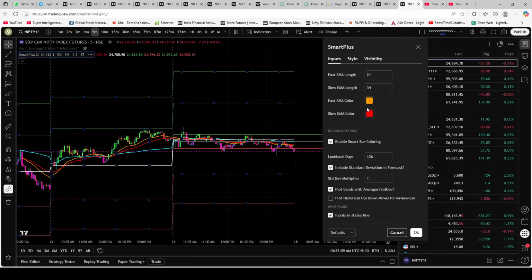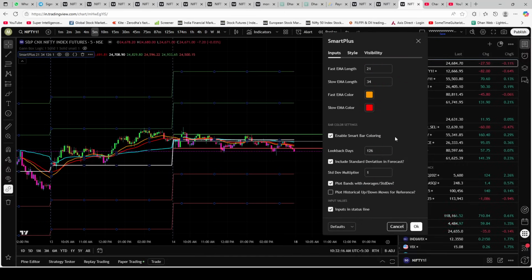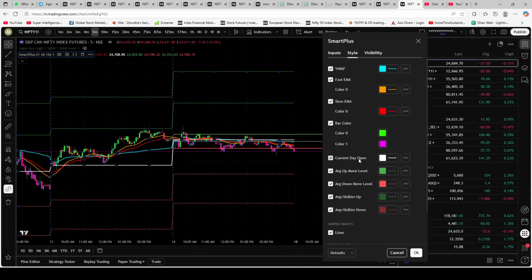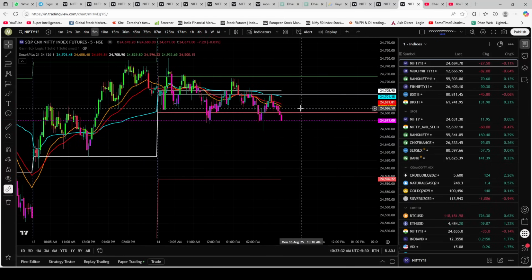And then over here in the style section, okay, we have removed the logic to color, I think, the 15-minute high and low, because now it auto detects the day open, so we have left it at green and red. Maybe in the future version you can alter it, but for now we have left it: 15-minute high is green, 15-minute low is red, and there's a center line also between the two, which is gray.